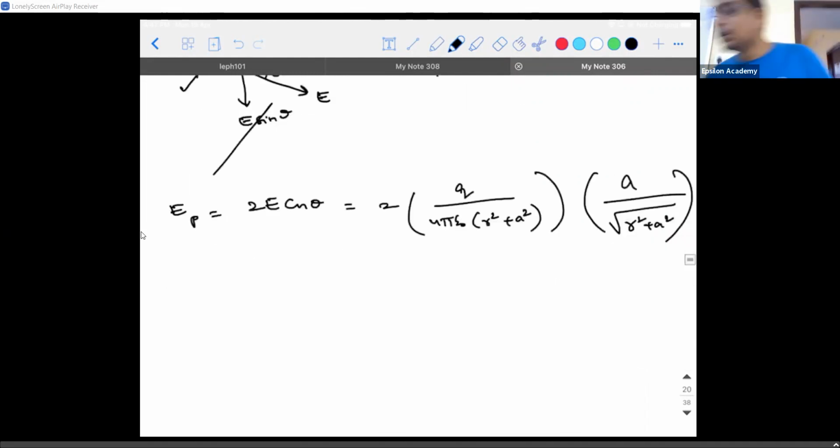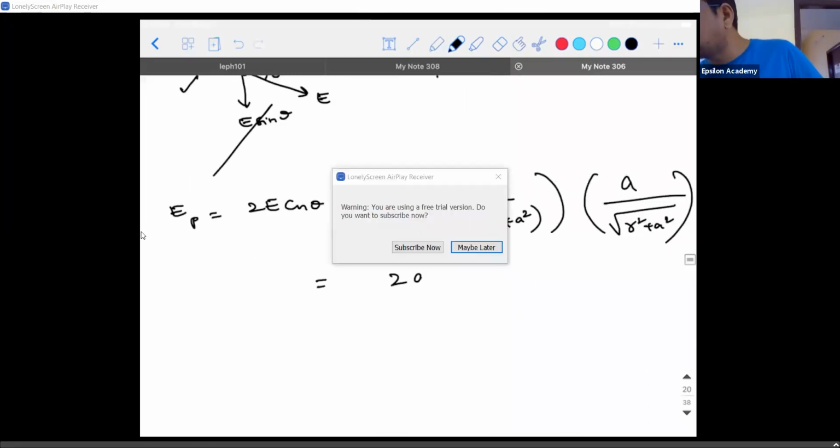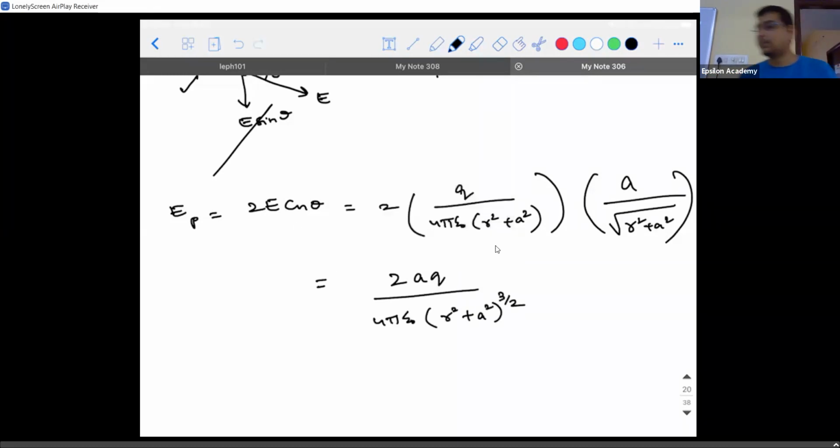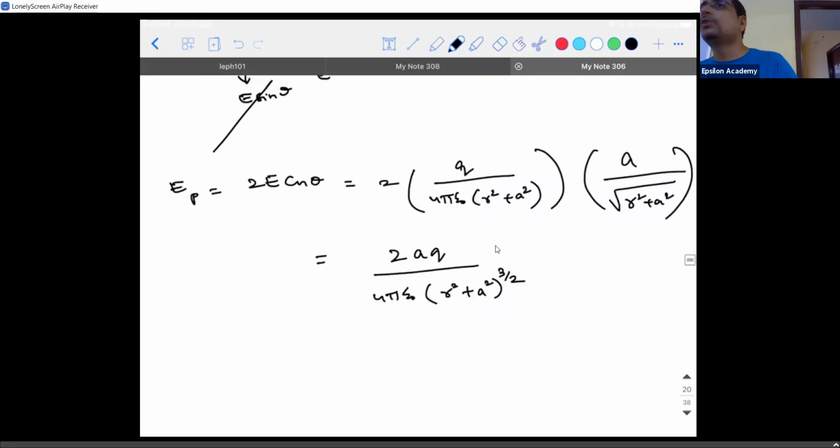So this is 2 times A into Q divided by 4 pi epsilon naught into R square plus A square into R square plus A square power half. Is R square plus A square the whole power 3 by 2. By this, R square plus A square the whole power 3 by 2.